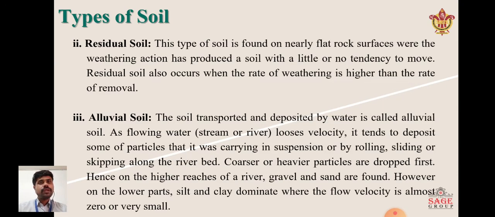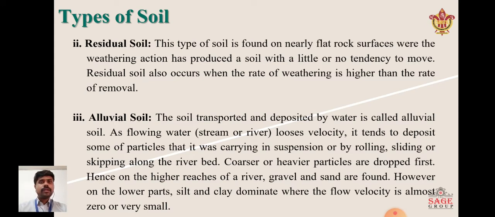The second type of soil is residual soil. This type of soil is found on nearly flat rock surfaces where the weathering action has produced a soil with little or no tendency to move. Residual soil also occurs when the rate of weathering is higher than the rate of removal.